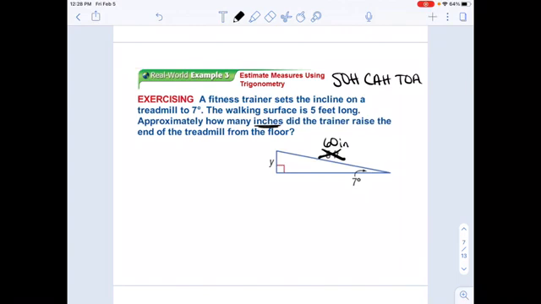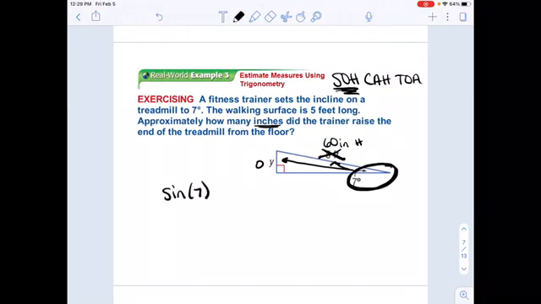It's not telling me to use the specific one. So this is where I am looking from. I need to find the opposite side length, and I am given my hypotenuse. So if I have opposite and hypotenuse, I know I need to use my sine trigonometric function. So I have sine of my degrees.